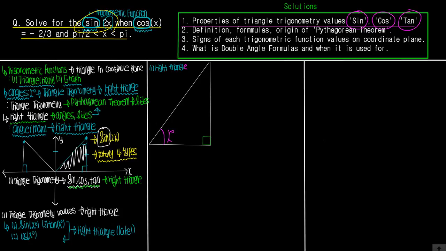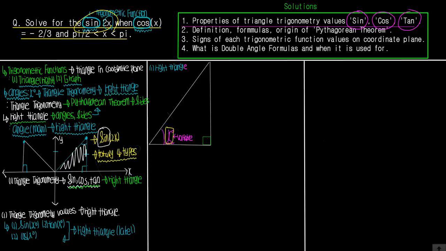And the reason why I set it as x degrees, not an exact value, is because we know that x is a variable, which means it varies or changes, and we don't know the exact value of our x degrees right now. So here is our main angle that defines the position of each side or the length of each side.